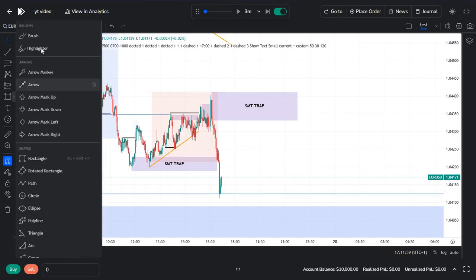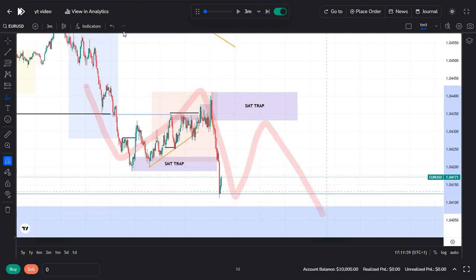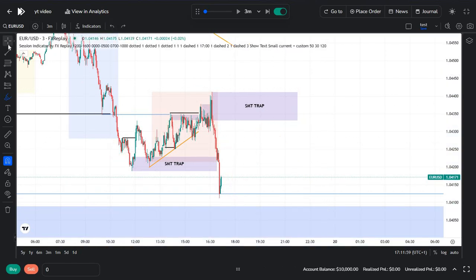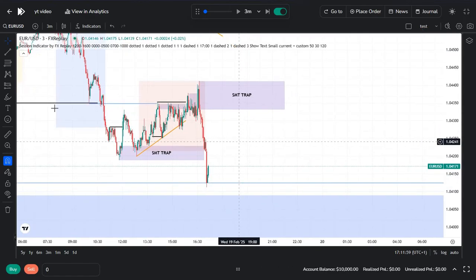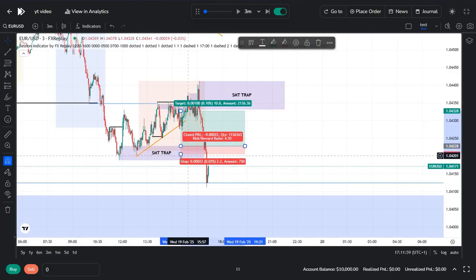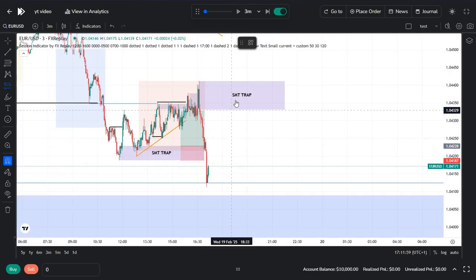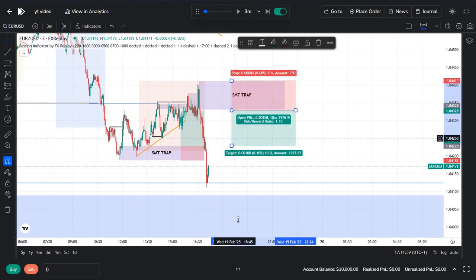So if I draw that to you, it will look something like this. They think price will move like this, when it doesn't. So they were right all along, and now they will be completely off on this kind of area. So in here, they got trapped for trying to long, and now they're going to get trapped by shorting.